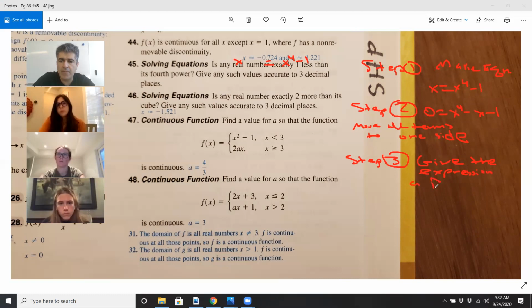Give the expression a function label. So I'll say let f of x equal this. Hence, the question changes now.